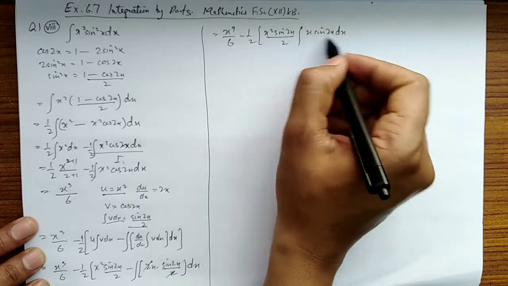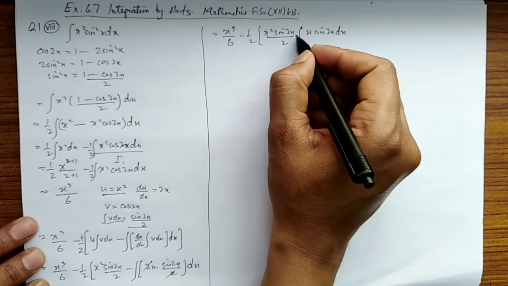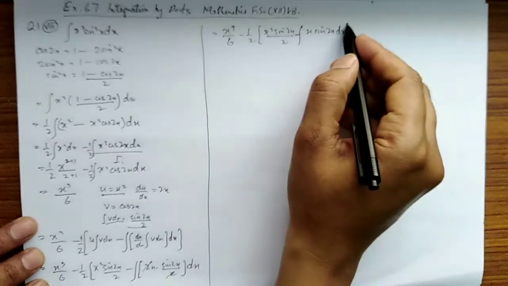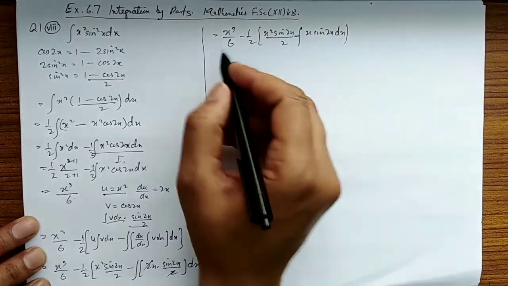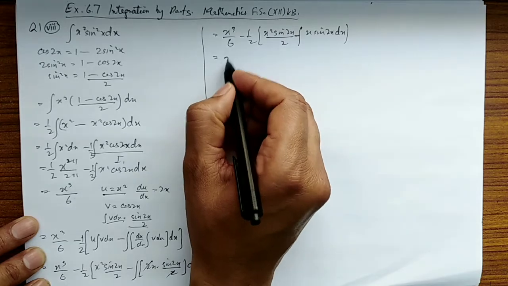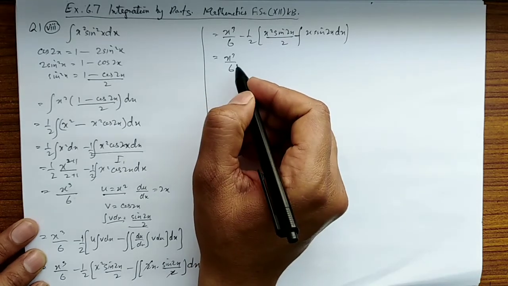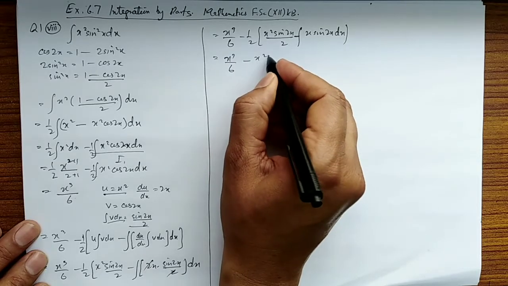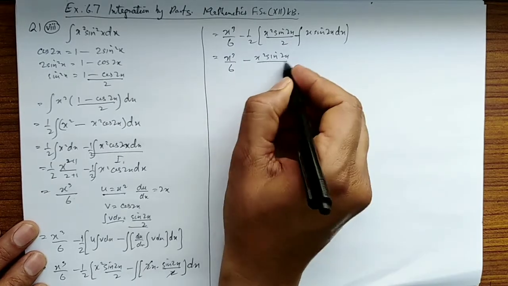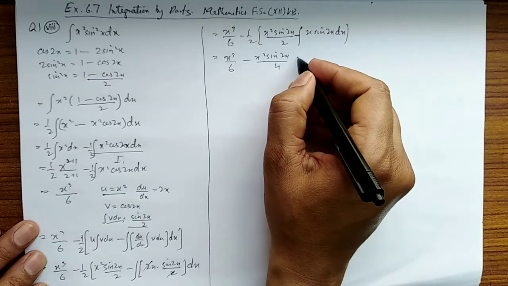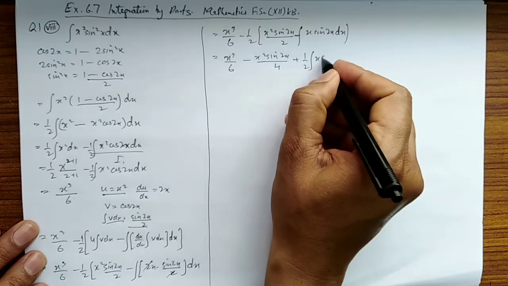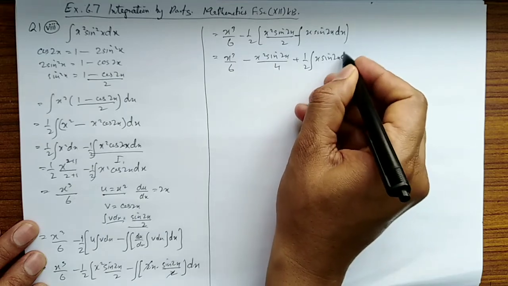Here I have a negative sign in between. So now multiplying this 1 upon 2 inside: x cube upon 6 minus x square sine 2x upon 4 plus 1 upon 2 integral of x sine 2x dx.